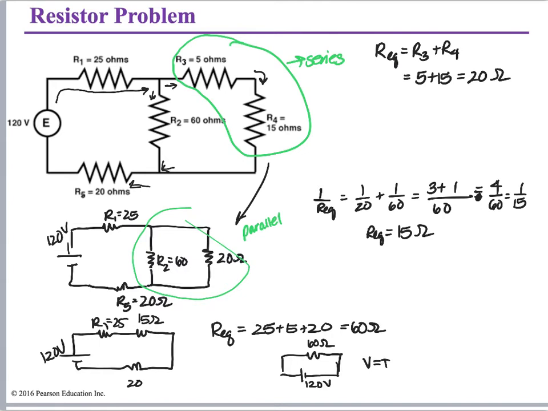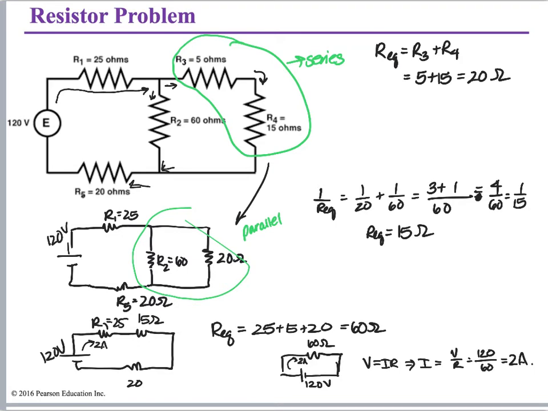And V equals IR. This is where I would find then the current flowing through this circuit, and I'm going to start working my way backwards. So, I is V over R, so it's 120 over 60, so I got 2 amps. So, I got 2 amps running through this, and this is the same as the current that's running through here.